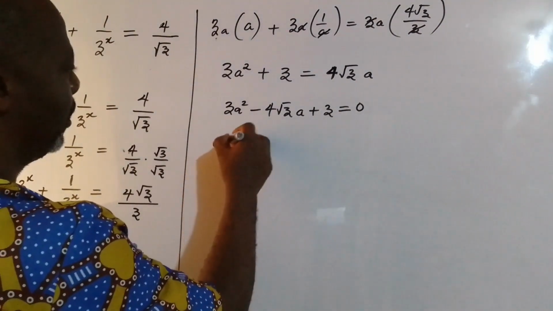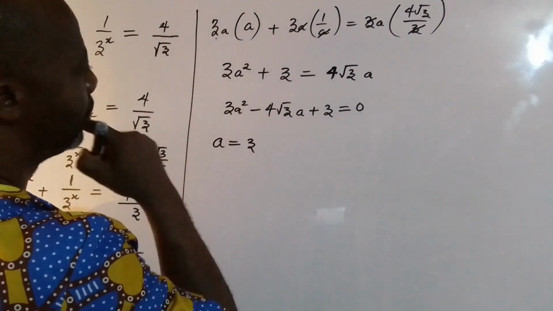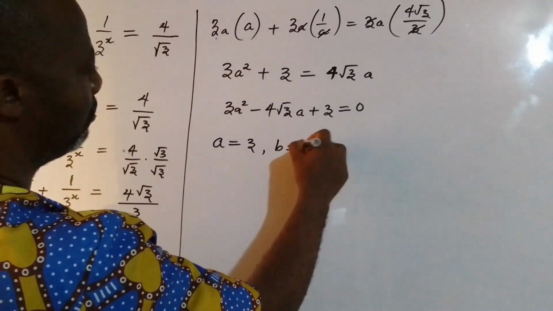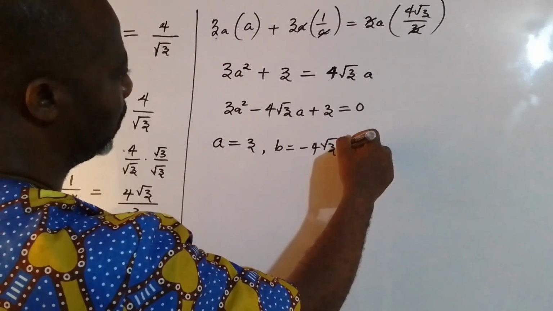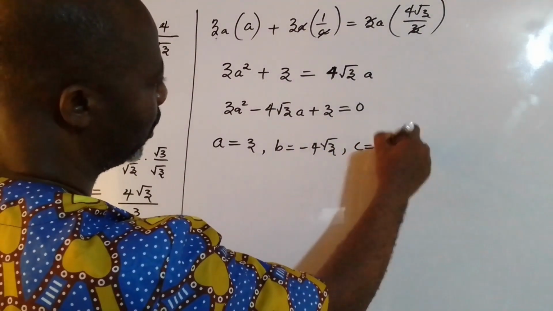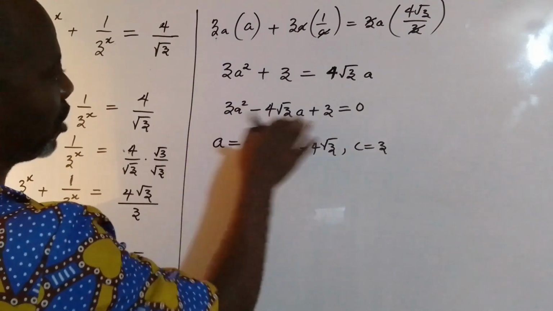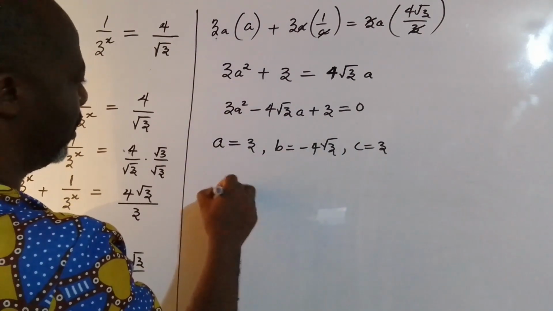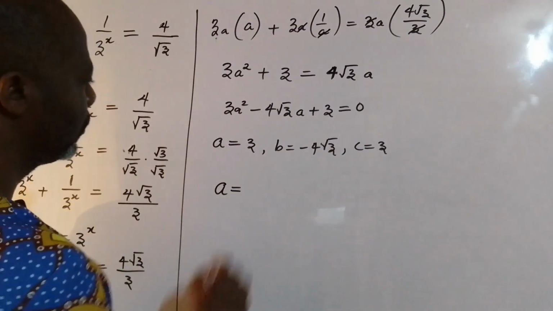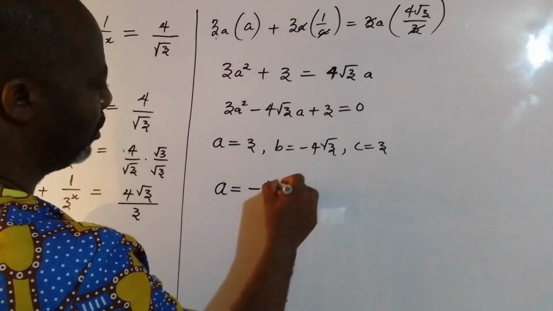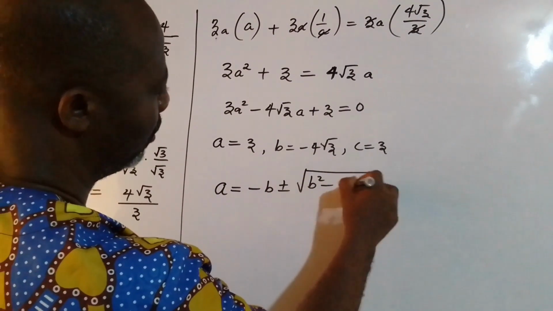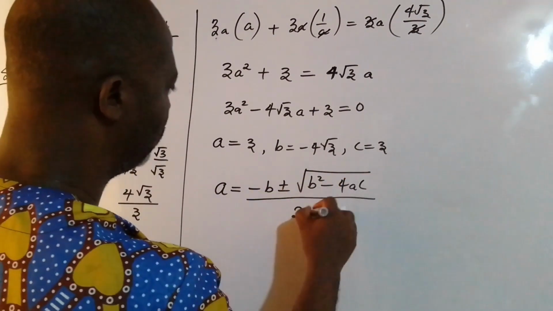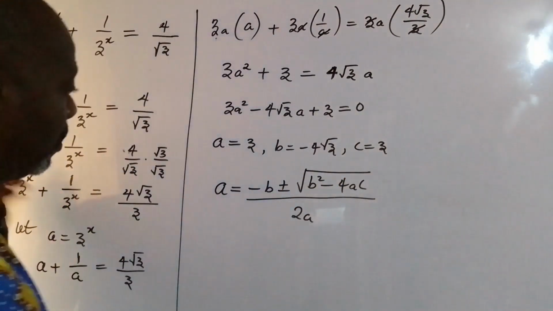So we're going to apply the quadratic formula to solve this. So we have a equal to 3, b will be equal to minus 4 root 3, and of course c will be equal to 3. So to solve this, we are going to get a equal to minus b plus or minus square root of b squared minus 4ac all over 2a. So let's see what we get.